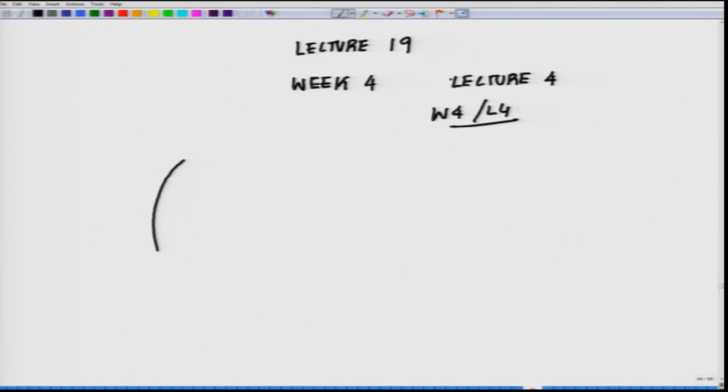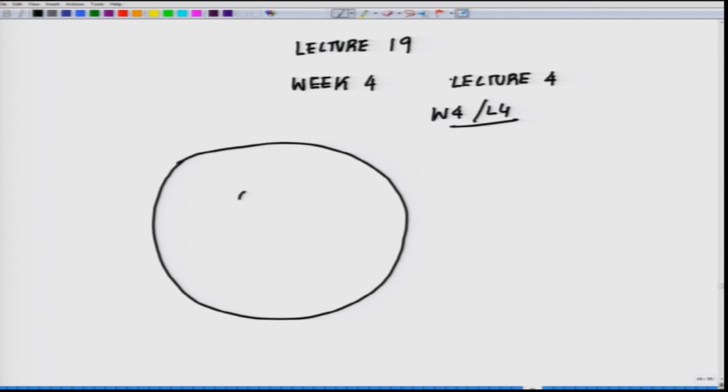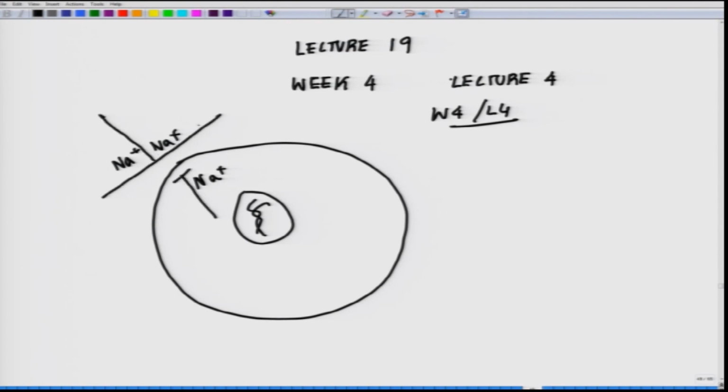When we see a cell, say, for example, this is a biological cell with a nucleus and everything, you have sodium higher outside and sodium lower inside. So, if I have an equivalent circuit model for sodium, it will be something like this. There is a sodium gradient. In other words, you can call it an ionic gradient. Similarly, this ionic gradient could be utilized to generate a force.